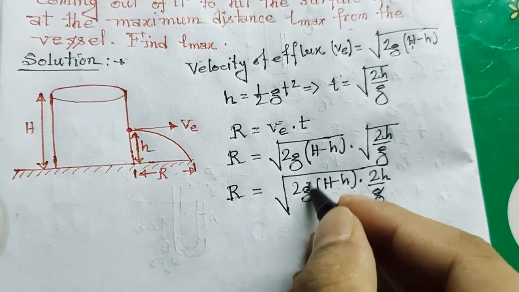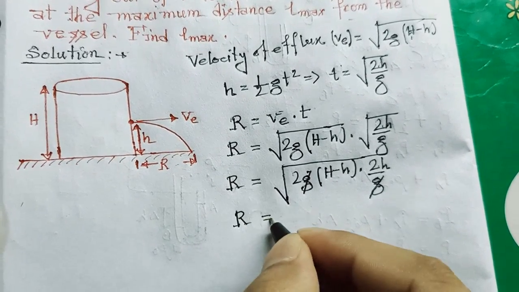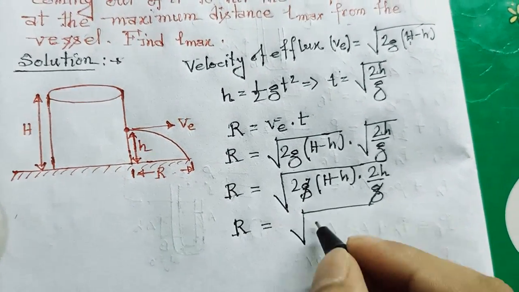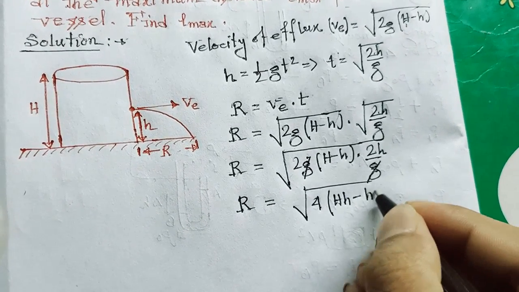This g and g will cancel out. So after cancelling, our range of fluid jet will become under root 4 times capital H small h minus small h square.